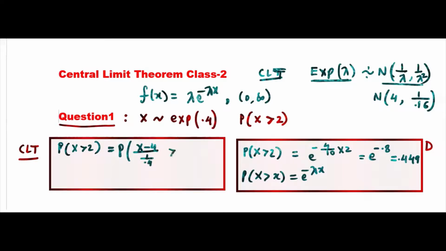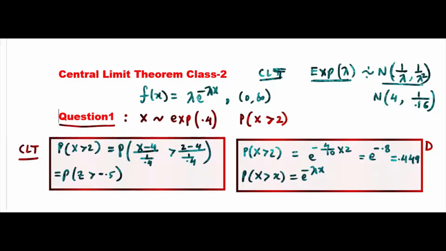So 2 minus 4 divided by 1 upon 0.4. And this will be standard normal, and that will be greater than minus 2 divided by 4 by 10. So that will be minus 0.5. Is it okay? Yes, sir.